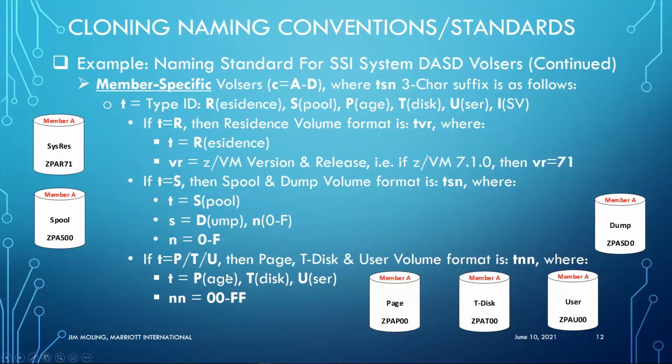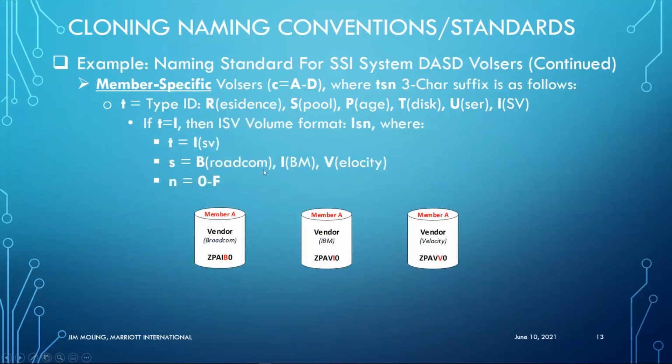And with page, T-disk and user volumes, you can have a bunch of those, right? And again, with the vendor volumes, it works the same way. The difference is that the 3rd position is an A, B, C, or D versus an S. But you can have the vendor volumes unique in each scenario this way.